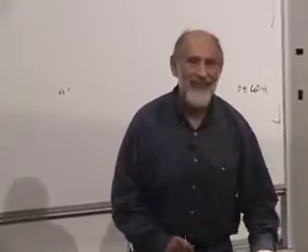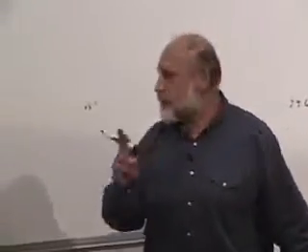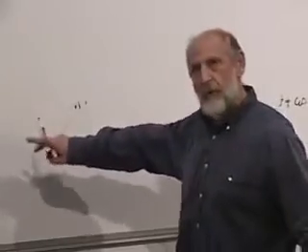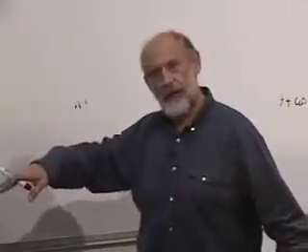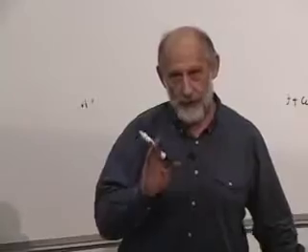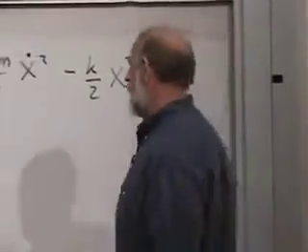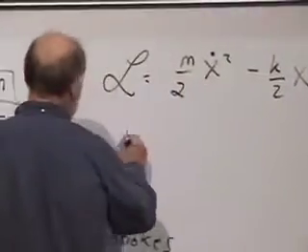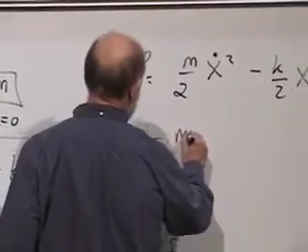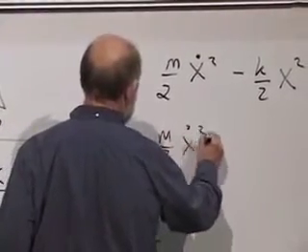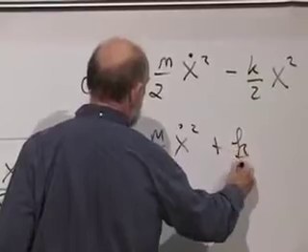So how do you guarantee that? For the simple one-dimensional system, or systems more generally than that, it's energy conservation which prevents the oscillations from getting too big. You have only a certain amount of energy. Let's write down the energy. The energy, H, is m over 2 x dot squared plus k over 2 x squared.